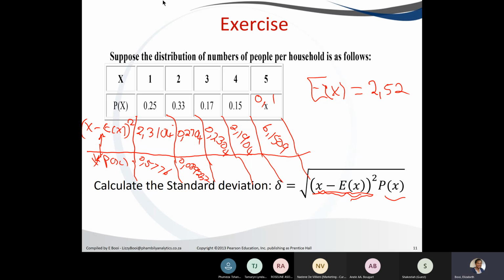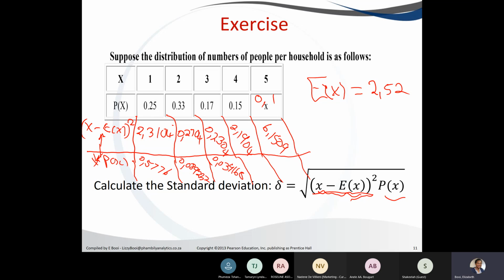And for 0.2304 multiplied by 0.17, I get 0.039168.